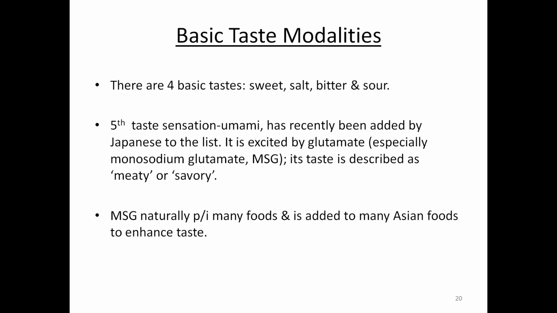Sometimes it is considered harmful, and at other times it has been considered to be all right for the human body. It still remains controversial though. Its taste is described as meaty or savory, and it's often used a lot in the Asian style of cooking. It's naturally present also in many foods, and as I said, added to Asian foods to enhance taste.